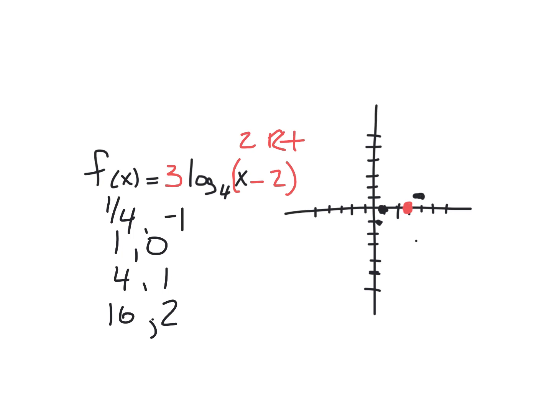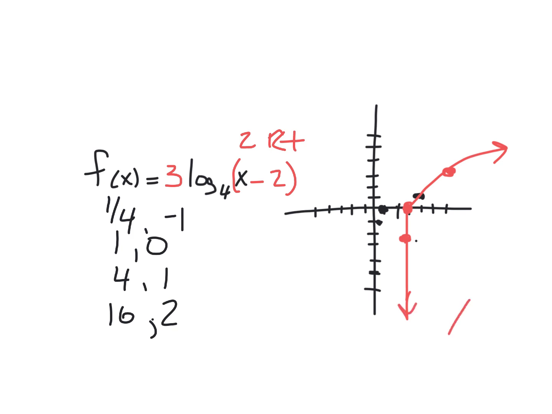The (4, 1) point, moving it right 2, I'd be at (6, 1), and then multiplying the 1 by 3, I would be at (6, 3). The (1/4, -1), moving it to the right 2, I'd be at (2 1/4, -1), which is (2 1/4, -3) then. This graph's going to look like this.